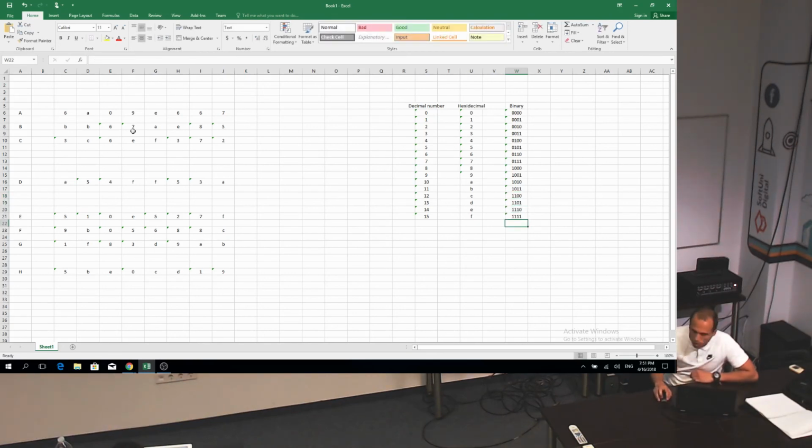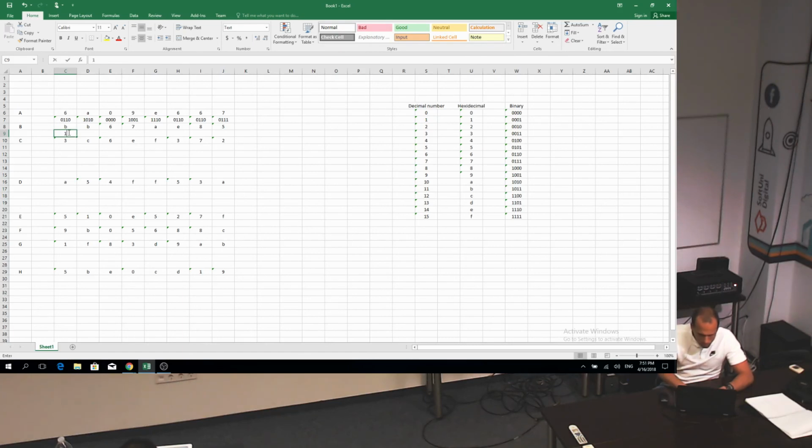Okay, we would like to convert everything here to binary. Okay, 6 equals to, A equals, 0 is actually 4 zeros, 9 is like this, E. We have again 6, 7 is like with 3 ones.